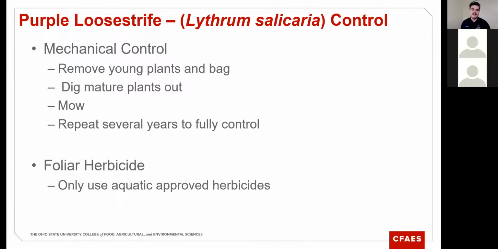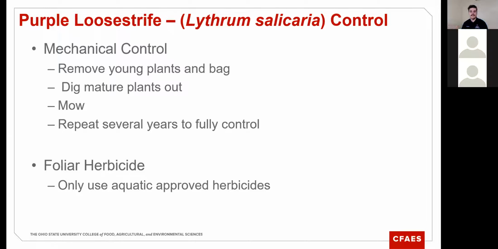And if you are near water, you want to make sure that the herbicide that you're using is approved for aquatic application. So you don't want to use just any regular old herbicide that we use for maybe garlic mustard when you're near a body of water, especially if it's a creek or a major lake or anything like that.